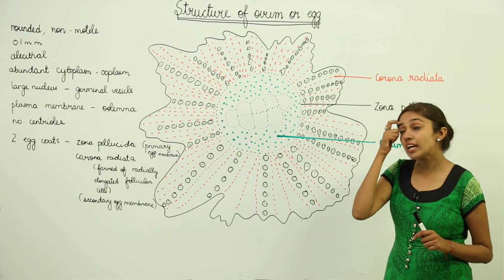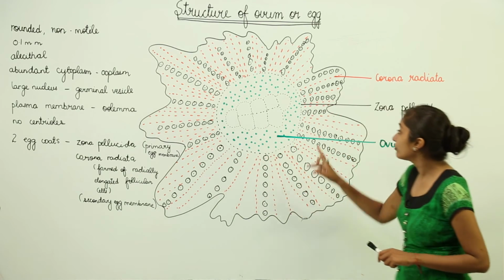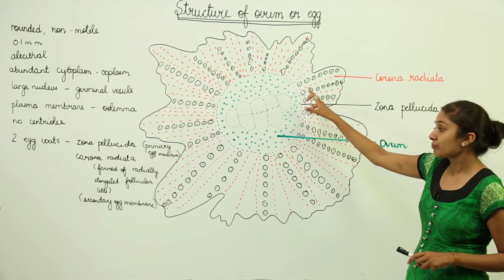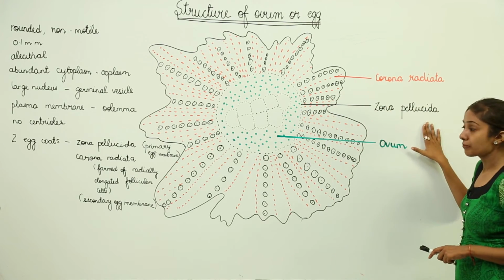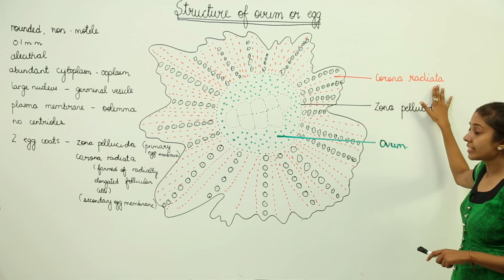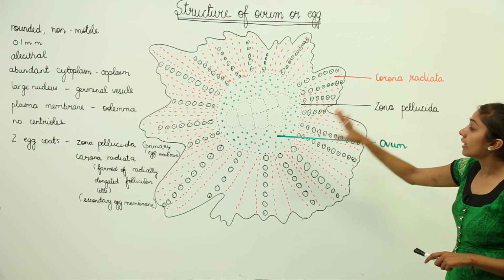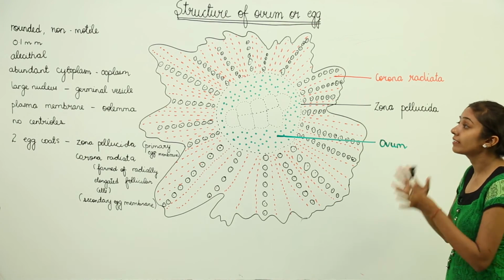It has no centrioles, and there are two egg coats. First one, you can see this primary egg membrane. What is it? It is zona pellucida. Then we have the secondary egg membrane, that is corona radiata. So these are the two egg coats or the membranes, the primary one and the secondary one.